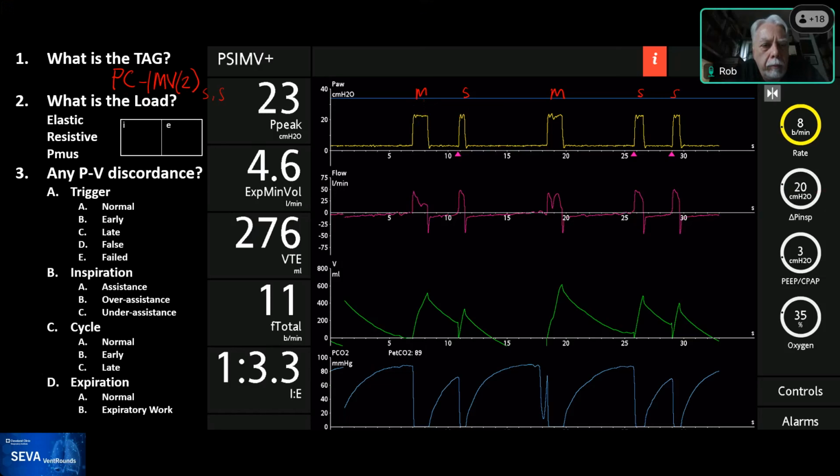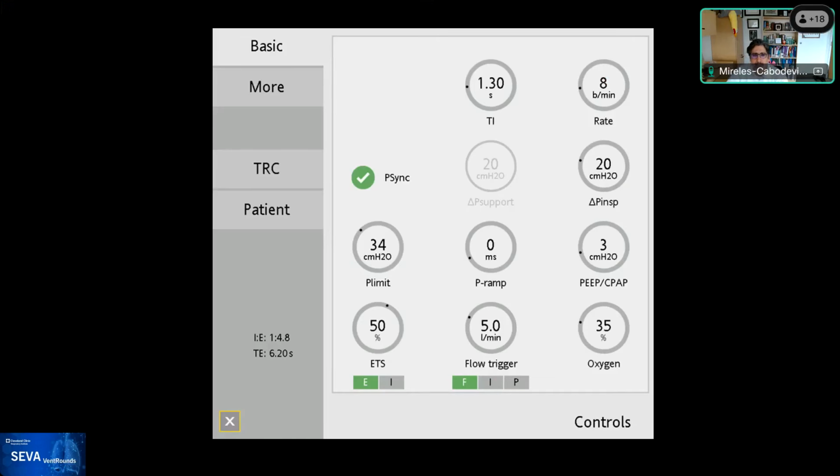Yeah. Now, I want to make you aware of this, and I put this here so that you can be aware of what's happening. I always like to go through the settings when I'm setting up a ventilator, because it would be very helpful for you to know every single button in front of you.